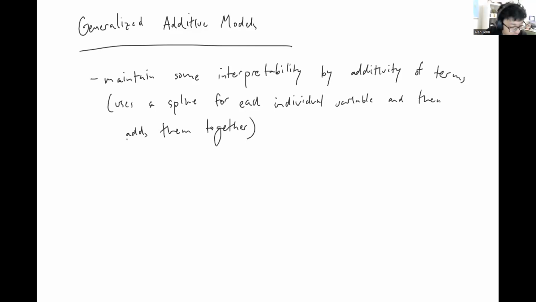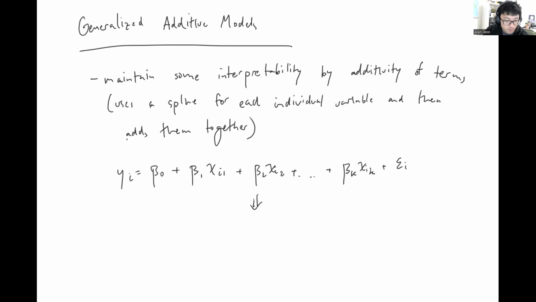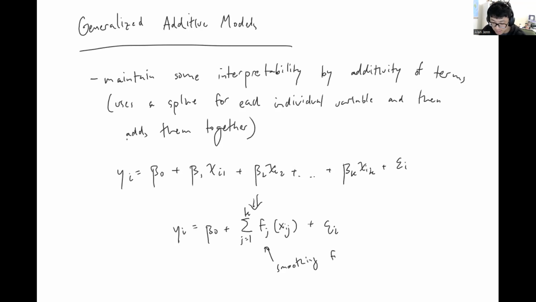So the way this works is if we have our typical linear regression that looks something like this, then you end up transforming the regression to something like this, where this is the smoothing function that does the transformation of our variable.